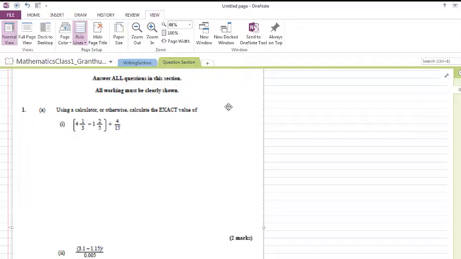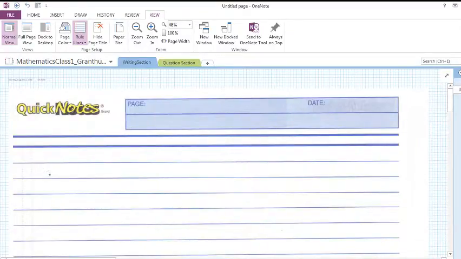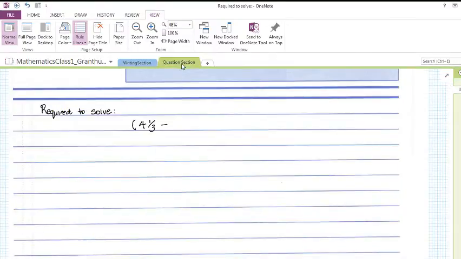So I'd like to solve that question. The question is 4 1/3 minus 1 2/5 divided by 4/15. So I'm required to solve four and a third minus, was it 1 2/5?